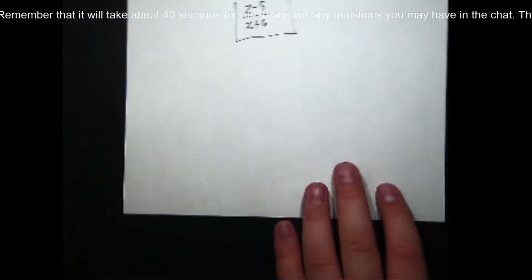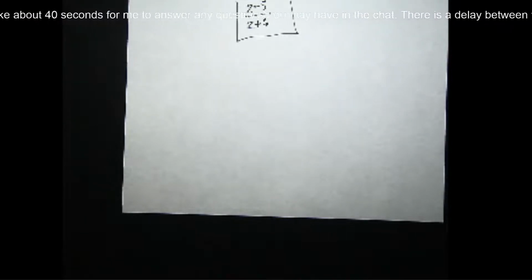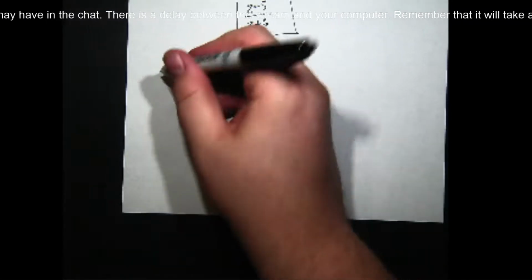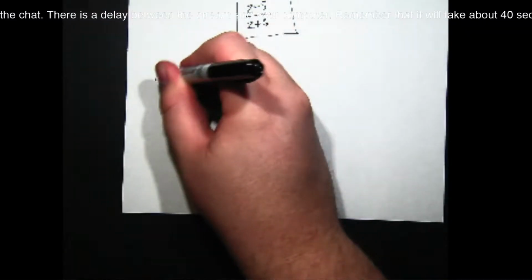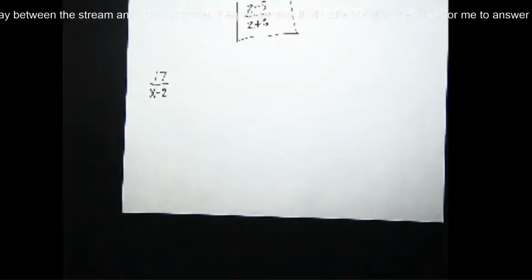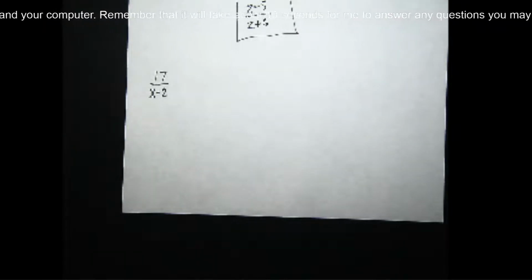Now before we go, I want to introduce us to another idea. We don't have a whole lot of time left in class, so I don't want to get into anything too complicated. But remember that when we're dealing with something like a rational expression, something like 17 over x minus 2, we have to take into consideration that there's something we can't plug in for x.